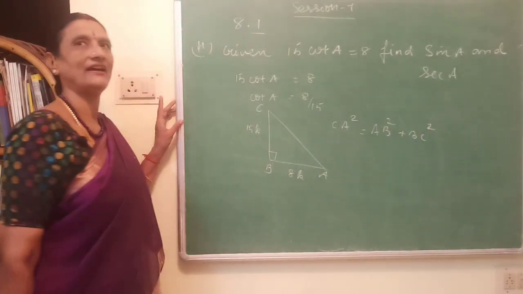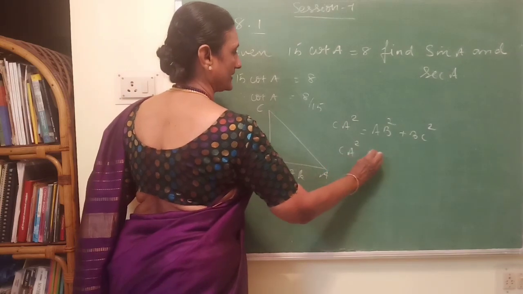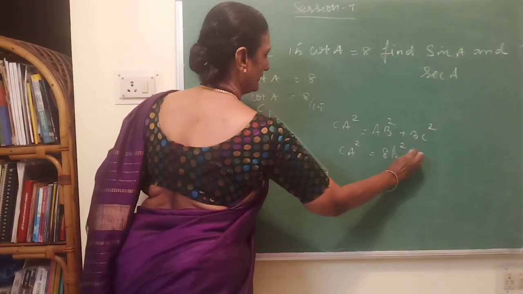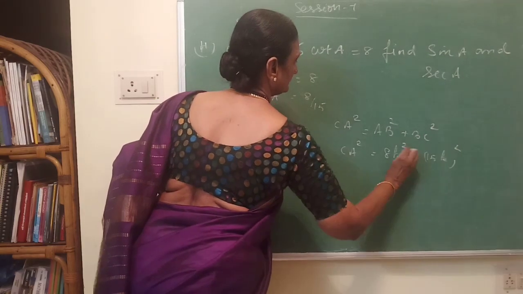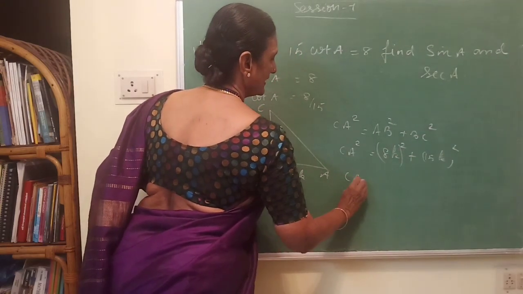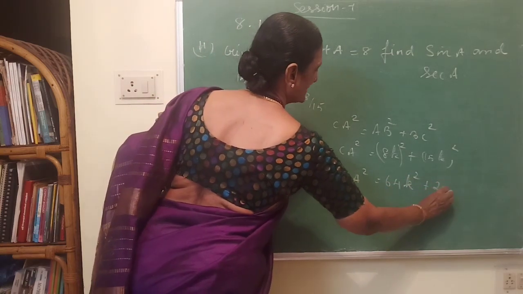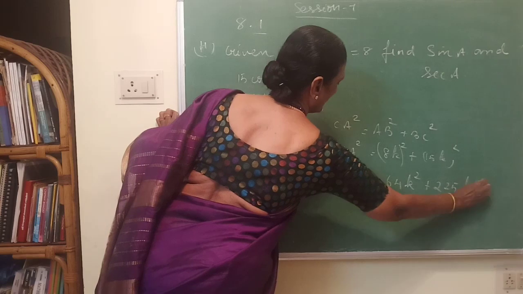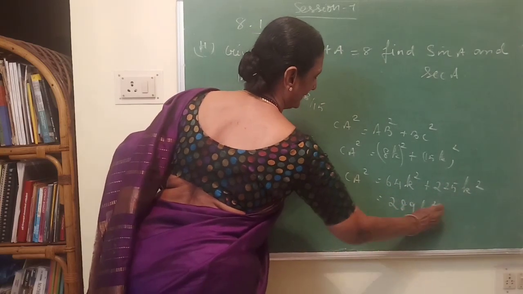So CA square is equal to 8k square plus 15k square, which is 64k square plus 225k square. That gives a value of 289k square.